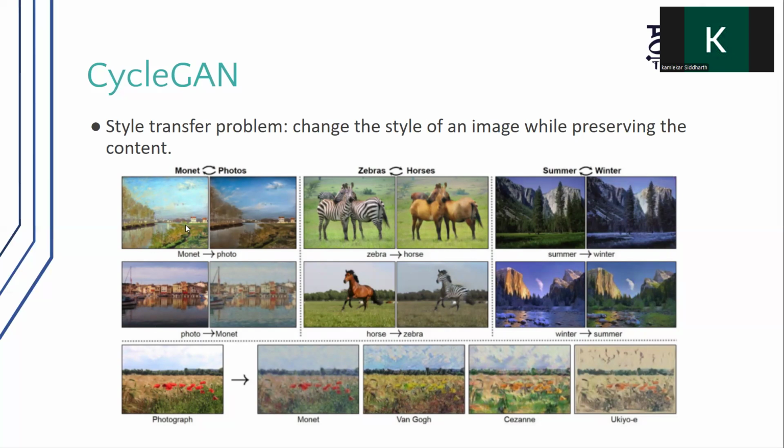Here you can see the image is completely changed: here a painting is changed to a photo, a zebra to a horse, and summer to winter. So the generator generates it. Now the discriminator's task is to find out whether the given image is fake or real.